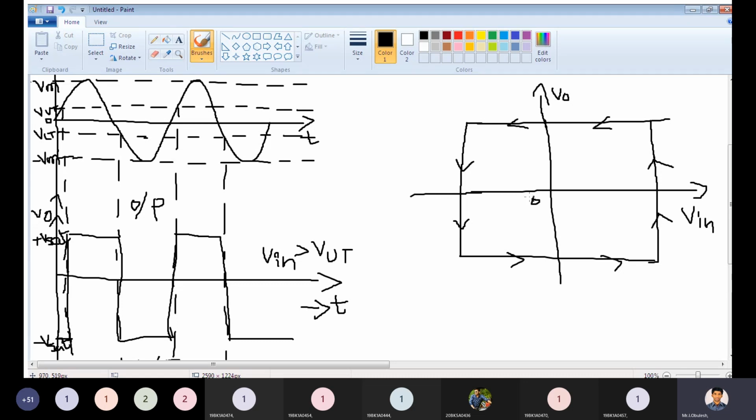Let us assume that this is the positive V saturation point, this is the minus V saturation, this is VUT, the upper threshold, and VLT, which is on the negative side, the lower threshold point.